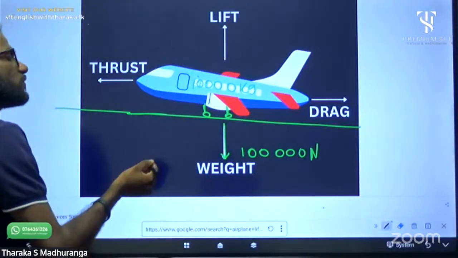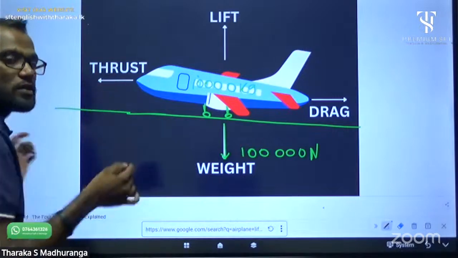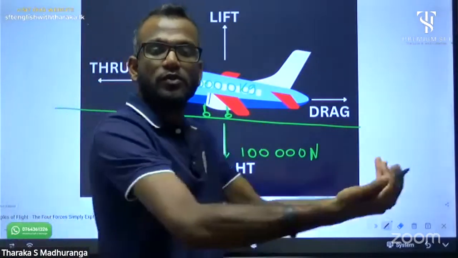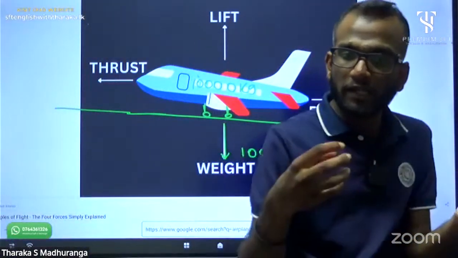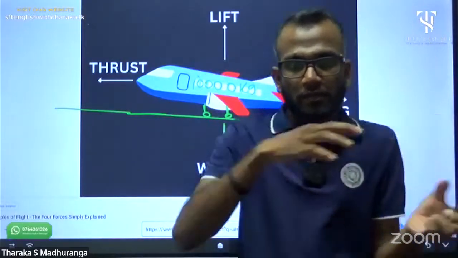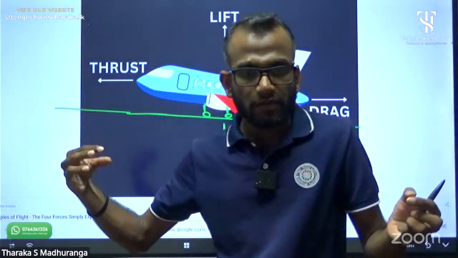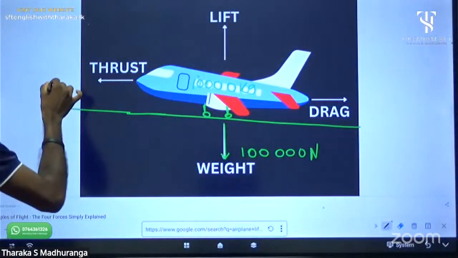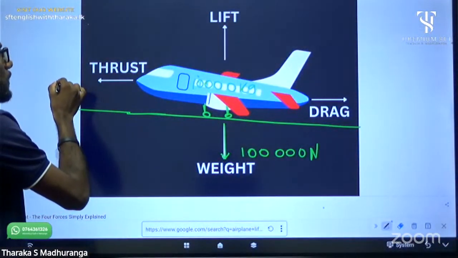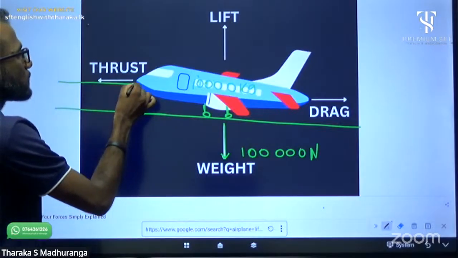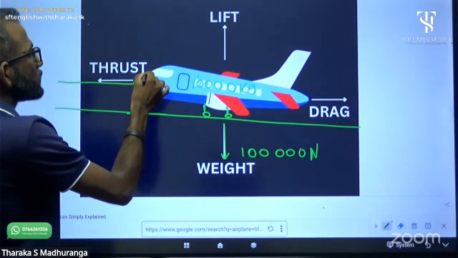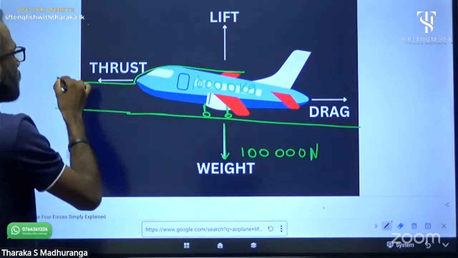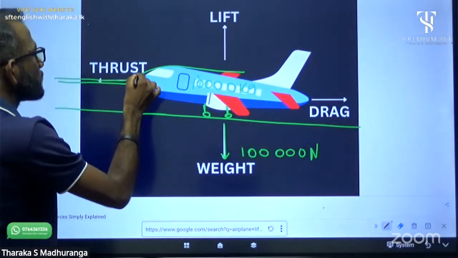When it is moving at high speed, what happens to the air flowing through this? What happens to the air particles? The airplane travels through the atmosphere, and the air particles pass like this. The most important part, right?